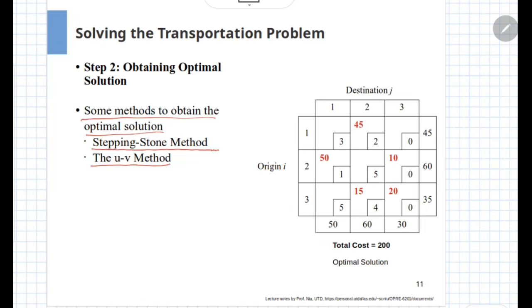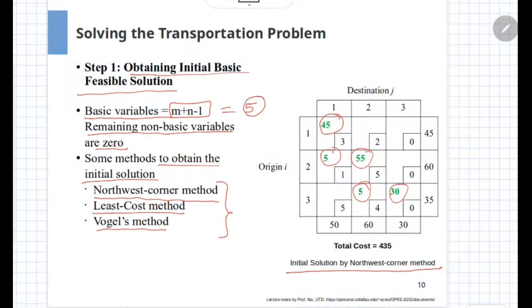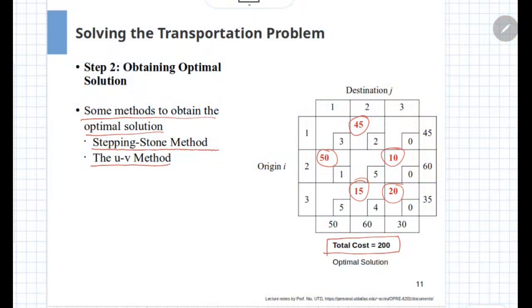The final solution to the present problem is given by the different quantities shown here, and the minimal cost is 200 as compared to the initial cost which was 435. So this concludes our discussion about the transportation problem. Let's have a look at the next case, which is known as the assignment problem.